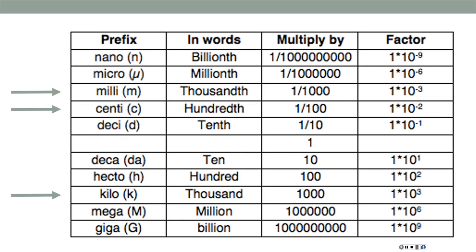So these are the three. Kilo is 1,000. So just to write these out for us all in one place, let's use liters. 1 kiloliter is equal to 1,000 liters. 1 liter is equal to 100 centiliters.